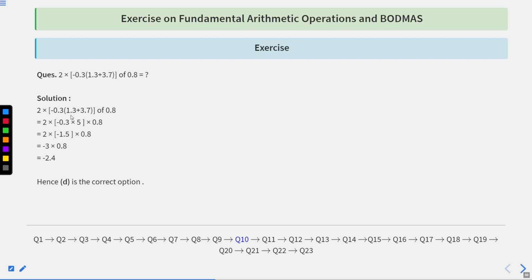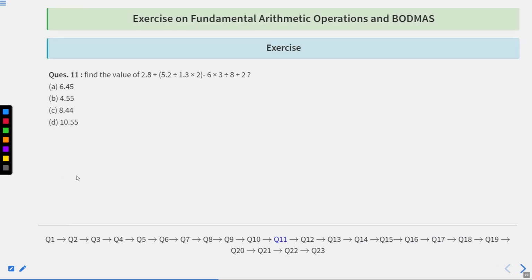So first of all, we have resolved this bracket inside bracket, which is equal to 5, and 0.3 remains as it is. And now you have to resolve this bracket, which is equal to minus 1.5. Rest of the things remain as they are. We don't touch them. Okay. So now 2 times minus 1.5 is minus 3. Now you can multiply minus 3 into 0.8, which is equal to minus 2.4. So the correct option here is option number D.